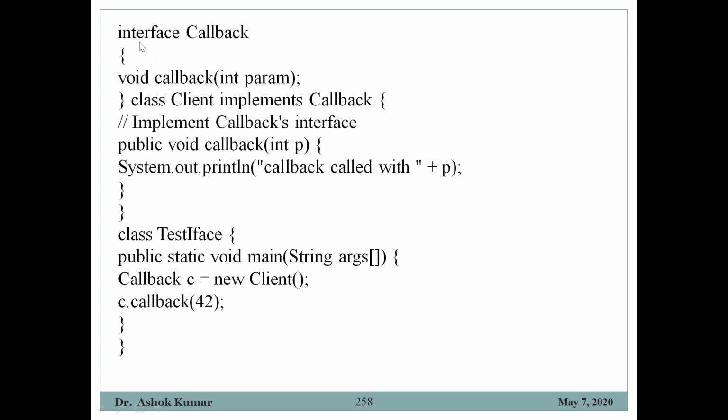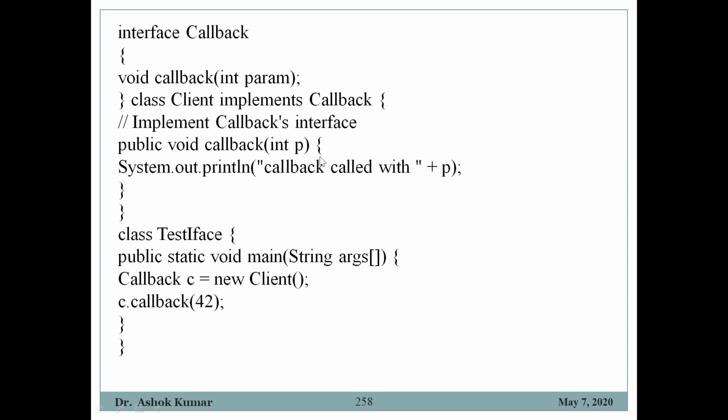Here the definition of the interface ends. Then we have a class that is implementing this interface Callback. The syntax that we have to follow is class and the class name, the name of the class is Client. Then the keyword implements. After that, the name of the interface, that is Callback.